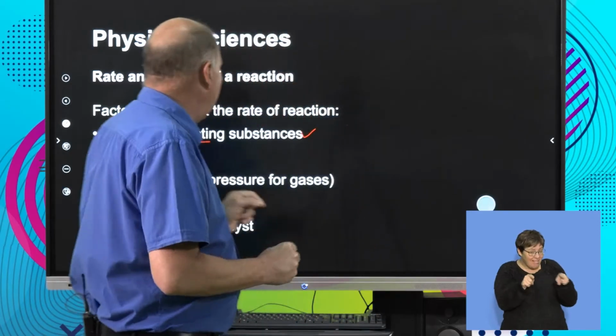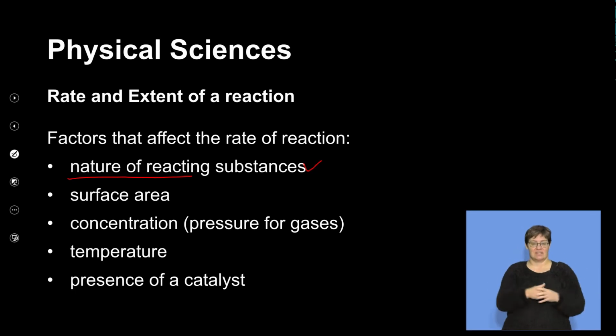So the type of material that you've got affects the rate of reaction. The surface area affects the reaction. The concentration also affects the rate of reaction. And when we talk about concentration, the equivalent of concentration for gases is pressure.